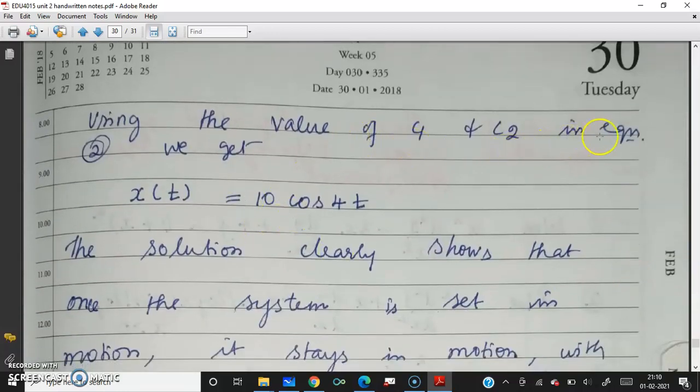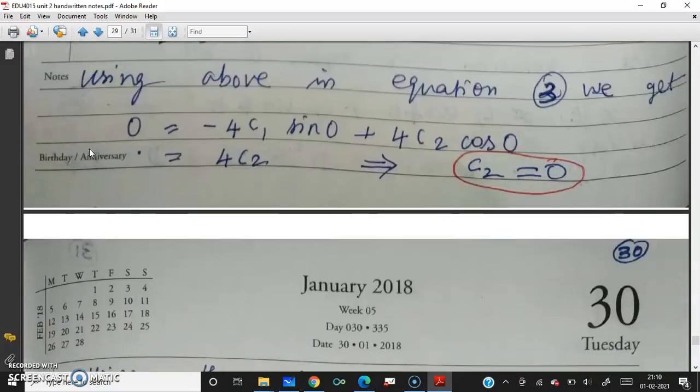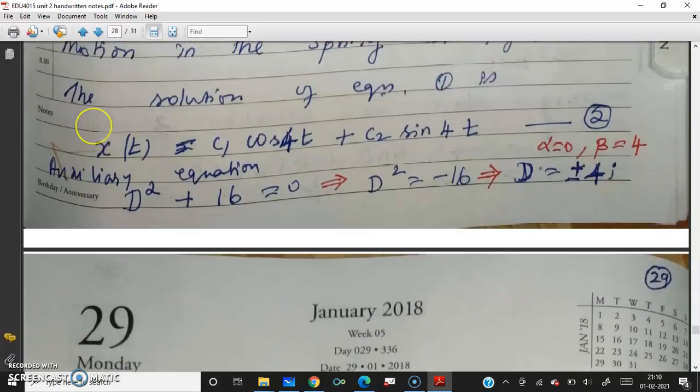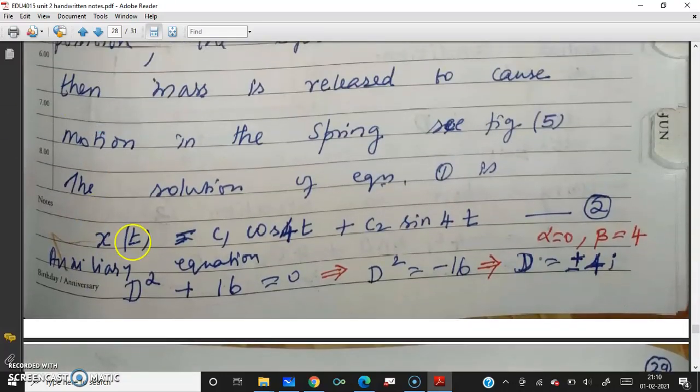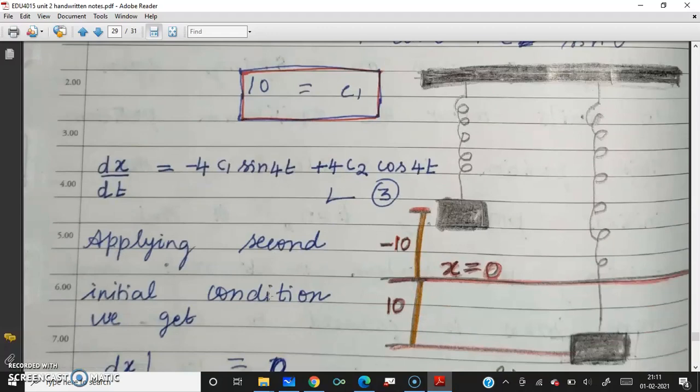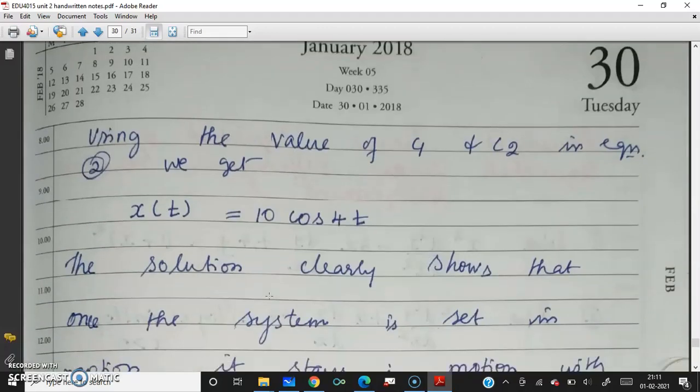So using the values of c1 and c2 in equation 2, what is x of t? c1 cos 4t plus c2 sin 4t. c2 is 0, c1 is 10. So x of t equal to 10 cos 4t.